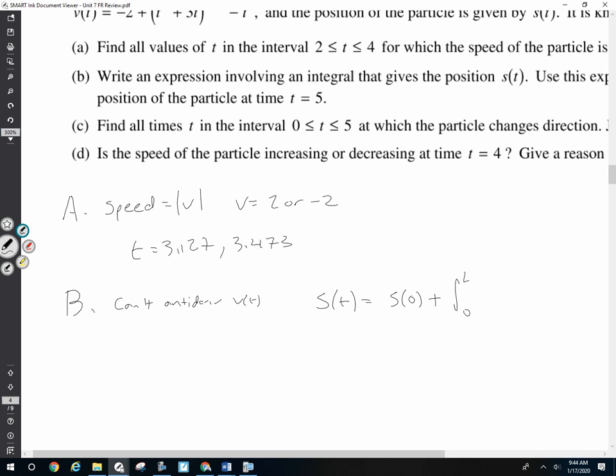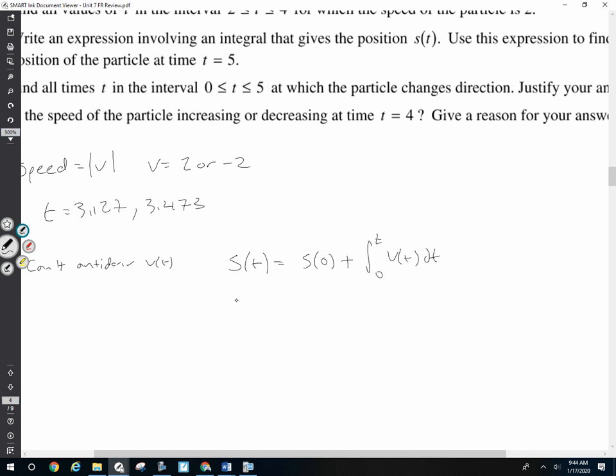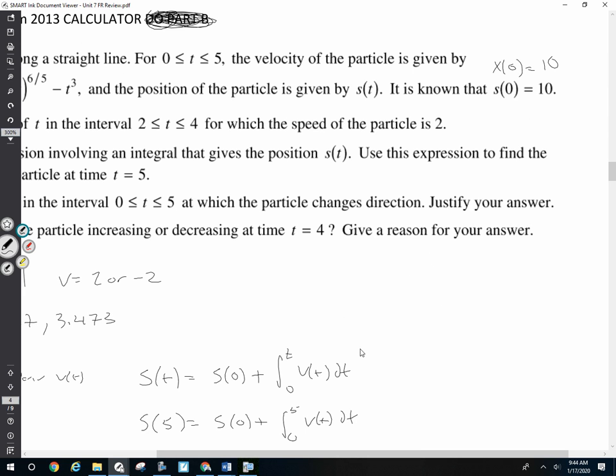Now notice I'm going to use a t up here to represent the time. And then we want to find the position at time 5. S of 5 equals S of 0 plus the integral from 0 to 5 of v. So S of 0 is 10.